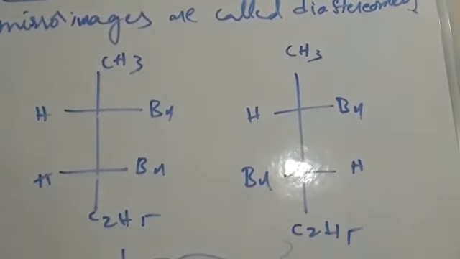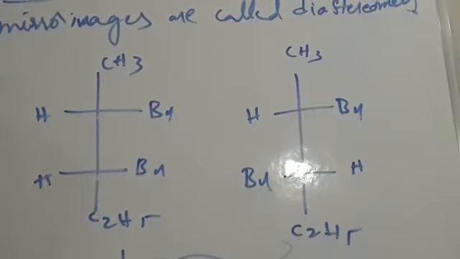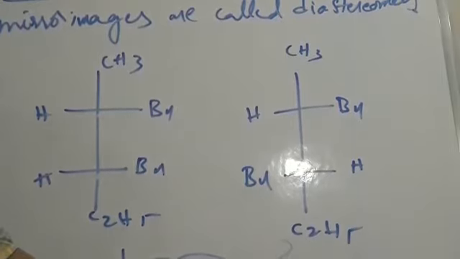Next, racemic mixture and meso compound. You know that to exhibit optical activity, a chiral carbon is a must, a carbon which is asymmetric in nature. But a compound having a chiral carbon may not exhibit any optical activity.